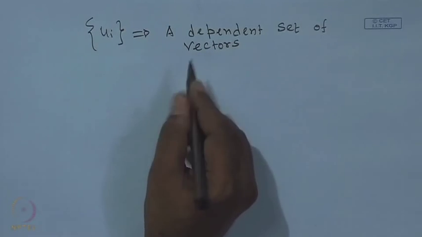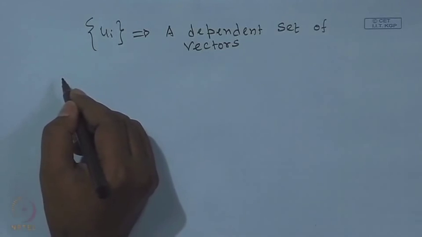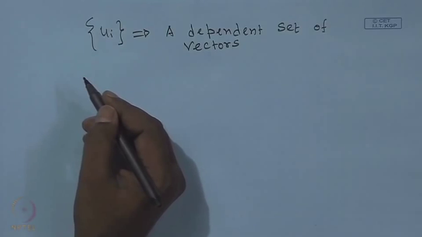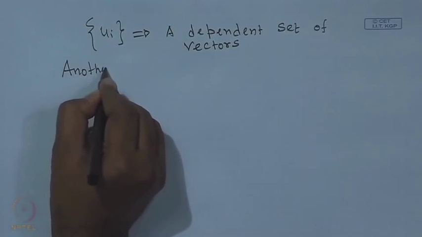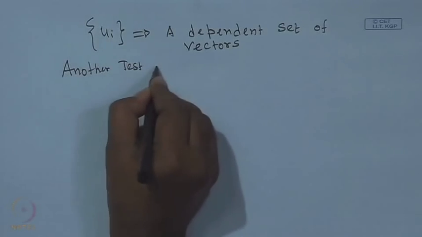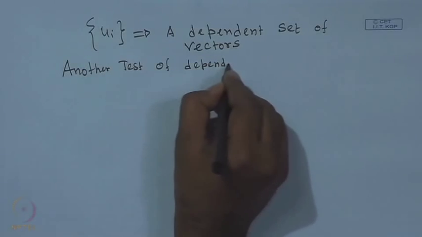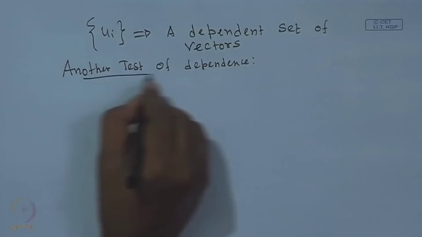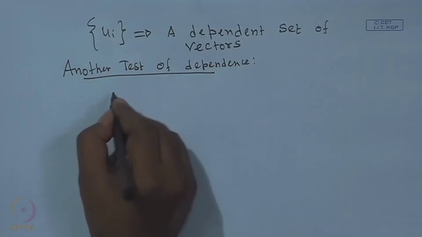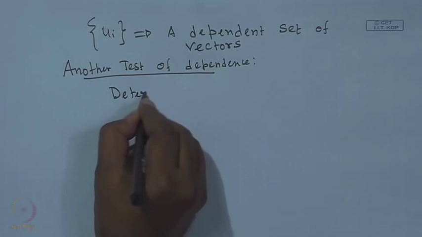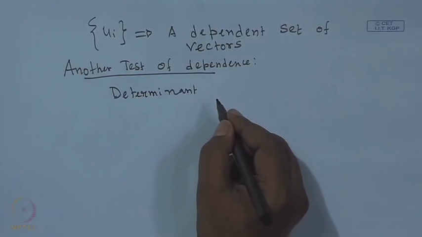set of vectors. There is another test to check whether the set of vectors is dependent or independent. That test is that we evaluate the determinant produced by these three equations.